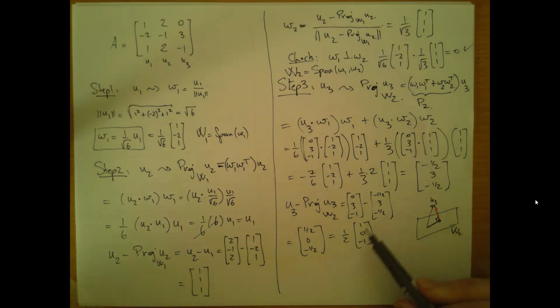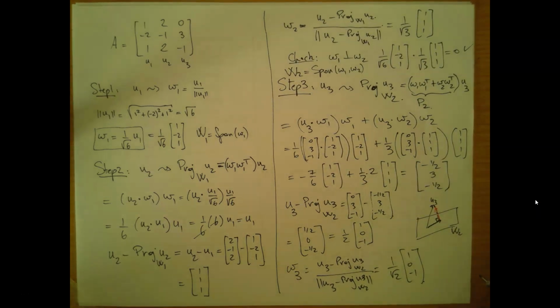Now a trick here: when you normalize a vector, constant factors don't really matter, right? So you just have to normalize that. So w3, which is u3 minus the projection of u3 onto W2 divided by its norm, is just going to be 1 over root 2, (1, 0, -1).